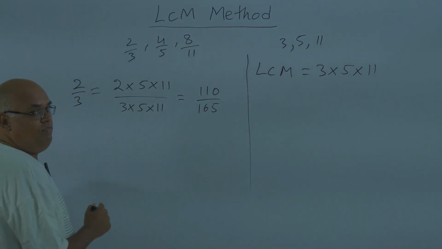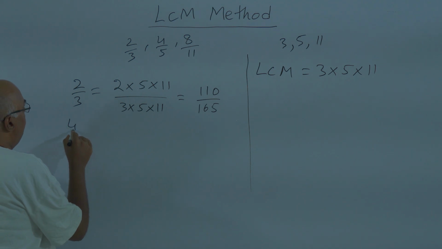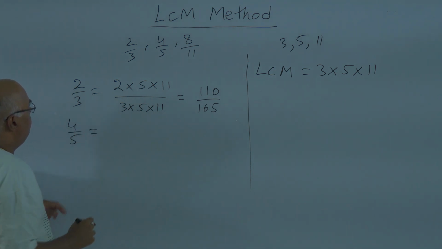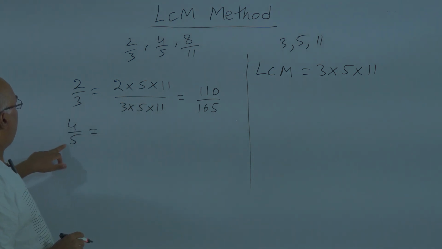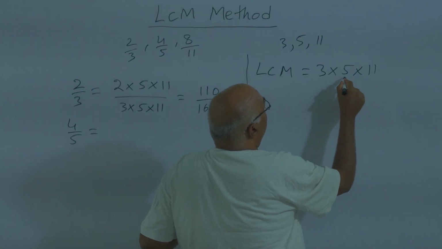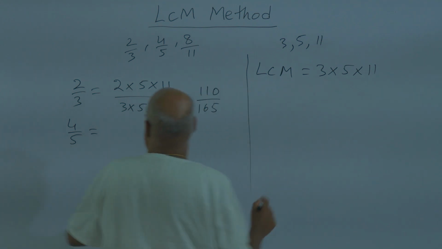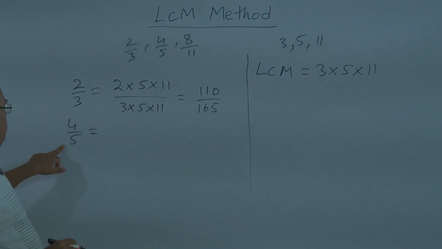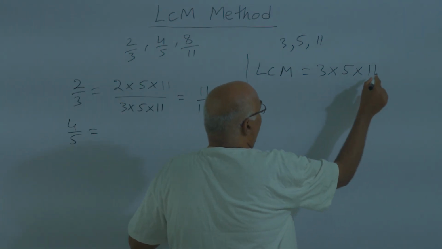In the same way, I will take the second fraction, 4 by 5. In the denominator you have 5, so out of these three numbers you neglect 5 and multiply the numerator and denominator of 4 by 5 with 3 and 11.